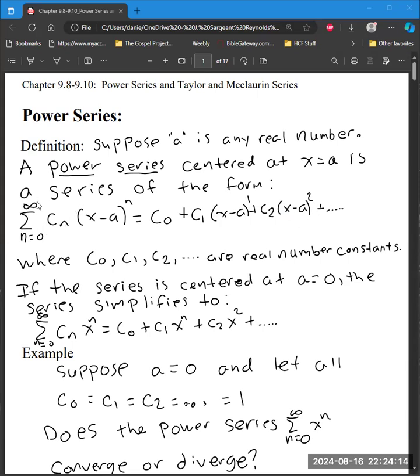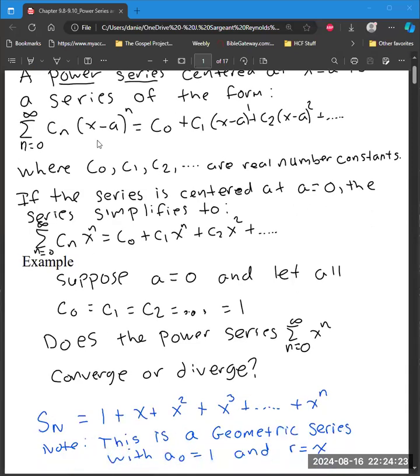Actually, every partial sum of this would be a polynomial. But it's actually not going to be a polynomial when we expand it all the way to infinity.